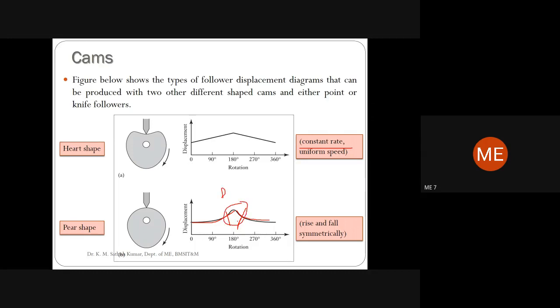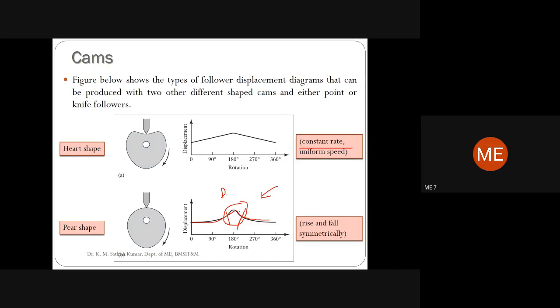The dwell portion holds the valve open, so that the air fuel mixture or the petrol gets into the cylinder.